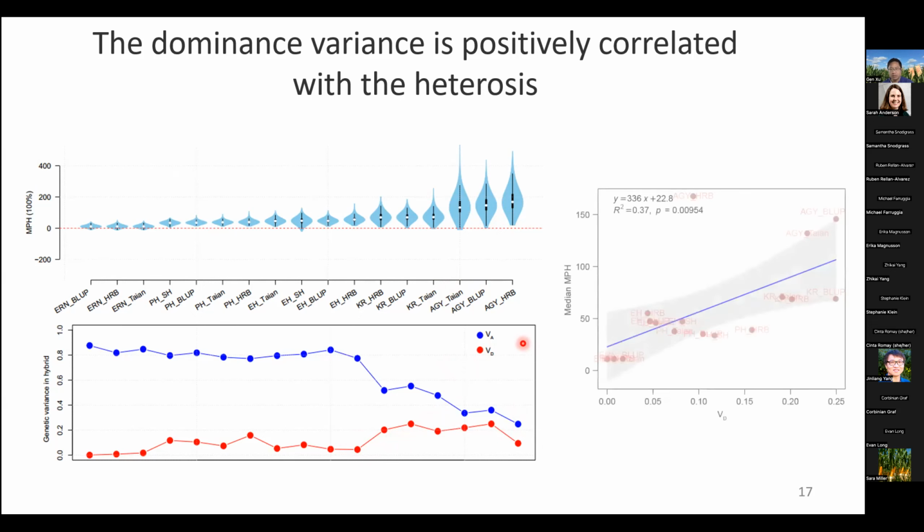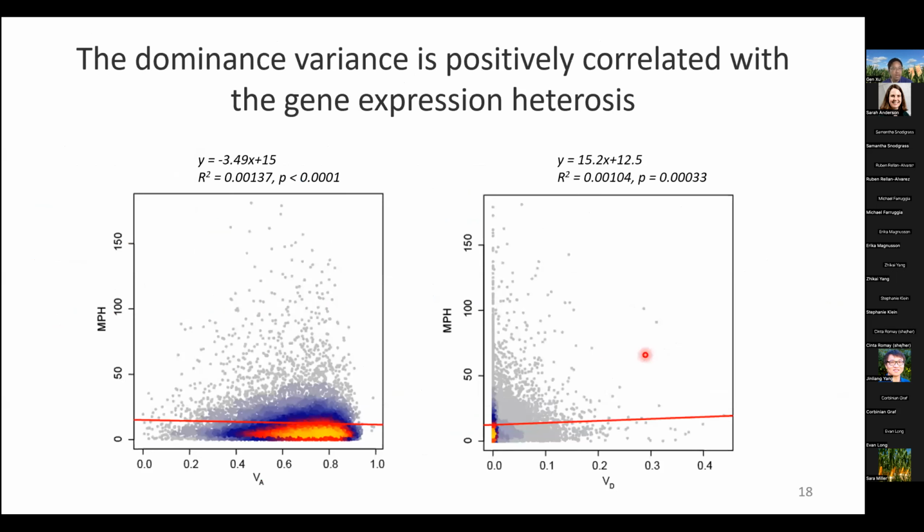So we performed the correlation analysis between dominance variance and the median value of middle parent heterosis. We found dominance variance is significantly positively correlated with heterosis for the adult traits. So next, we also did a similar correlation analysis for our expression heterosis trait.